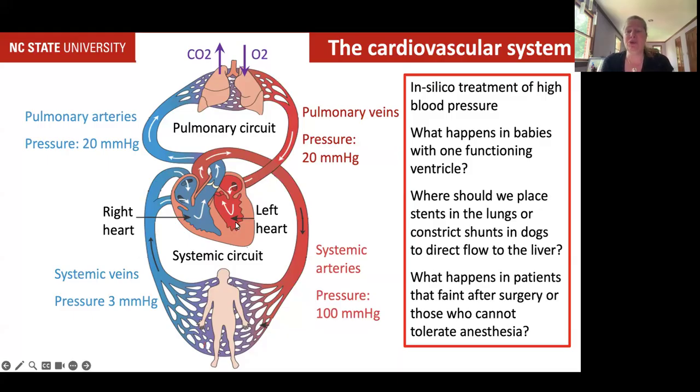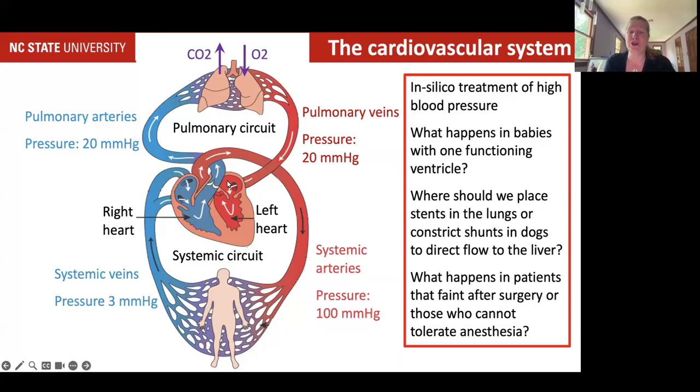Another question that we have been working on, that recently got a new grant to study, is what is the effect of aortic remodeling? The aorta is this main vessel that comes out of the left heart. This is in different types of babies that are born with only one functioning ventricle.